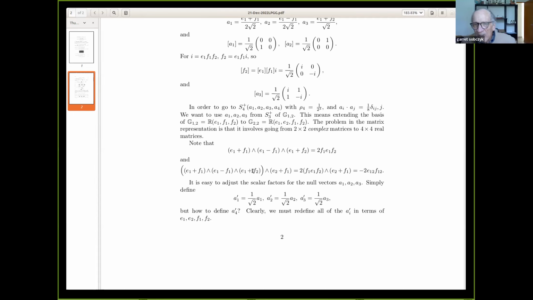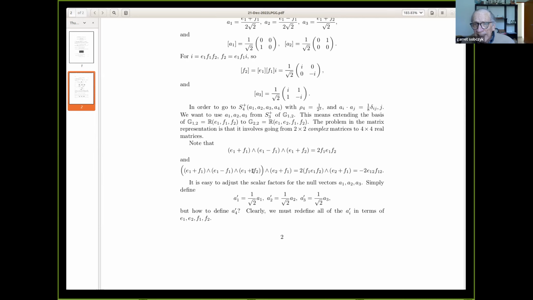Yeah, we can easily go from G11 to G22 by going from real 2x2 matrices to real 4x4 matrices. But we don't really have to use the Dirac algebra. We should really just use the real algebra, E1, E2, F1, and F2. But that's the thing. Yeah, so we want to stay in the neutral geometric algebra, G22, because that's a real algebra.